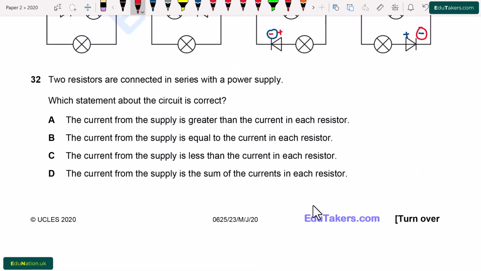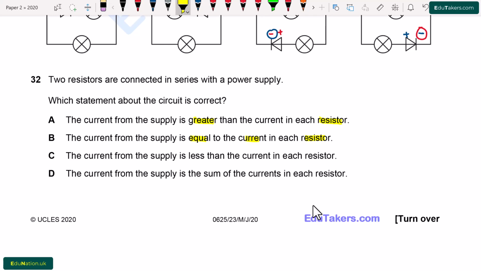Question number 32. The two resistors are connected in series with the power supply. Which statement about the circuit is correct? Option A. The current from the supply is greater than the current in each resistor. B. The current from the supply is equal to the current in each resistor.